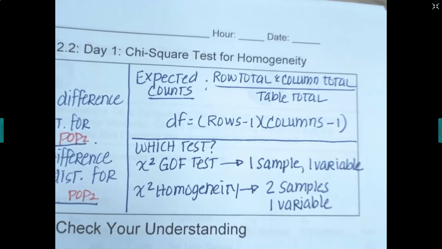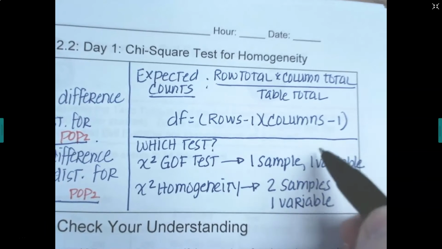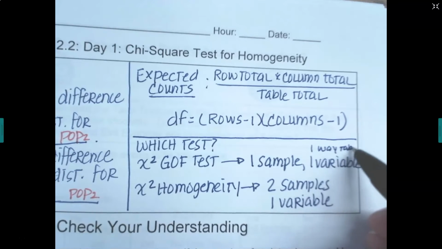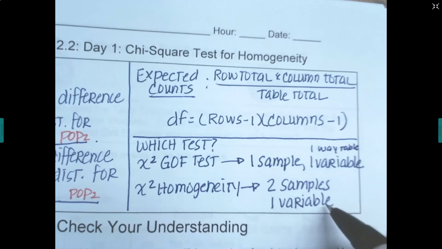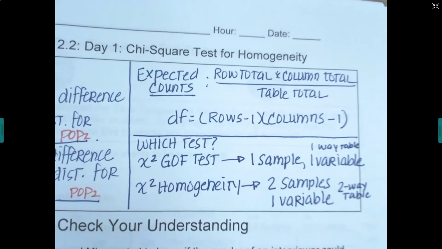Okay, so kind of keep these in mind. And your goodness of fit is a one-way table. And your test for homogeneity is a two-way table. So you can't accidentally do the goodness of fit as a homogeneity because the calculator won't let you. It won't let you do a 1 by matrix.